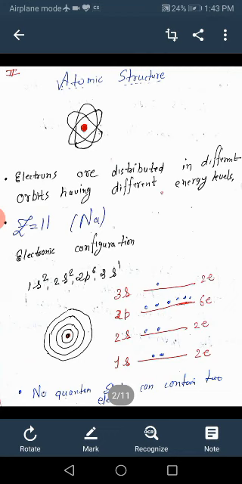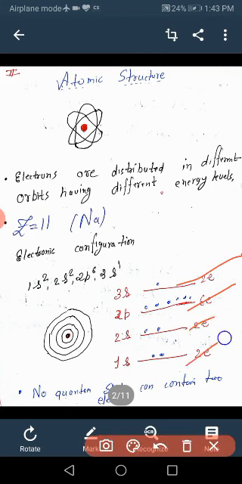This is a quantum state, this is a quantum state, and in some states energy goes down, and in some states energy goes up, and this affects the last quantum state very largely. Why?